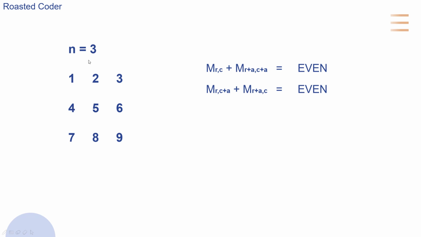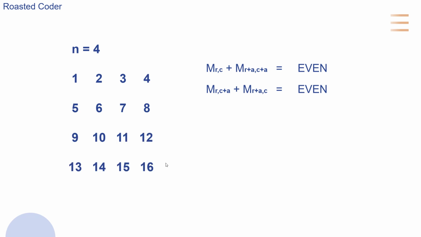So for n odd, the default matrix, that is from 1 to n square, is already satisfying these conditions. Now let's take an even n, that is n equals 4. For this n, let's create a default matrix from 1 to n square. So we can see it's 1 2 3 4 5 6 7 8 up to n square.